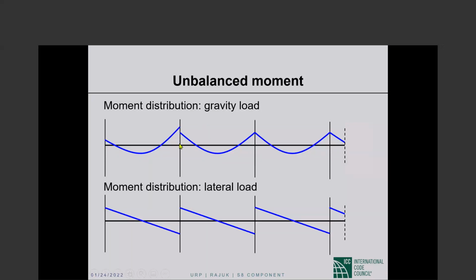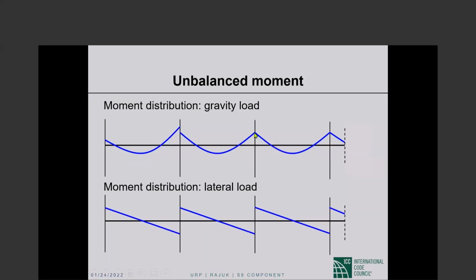That is the unbalanced moment transfer that we are talking about. At the first interior support, the bending moment to the left of the support is a bit larger than the bending moment to the right of the support. The difference between the two moments must be transferred from the slab to the column, and that is the moment transfer.